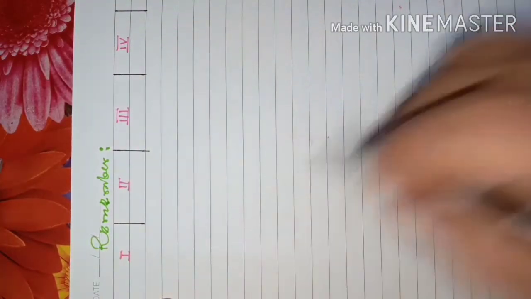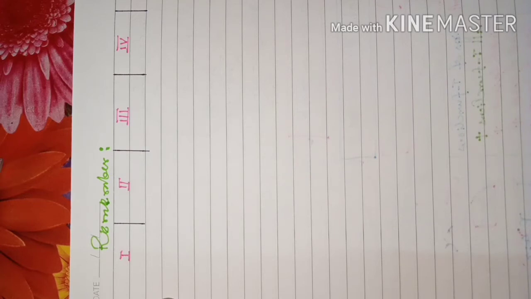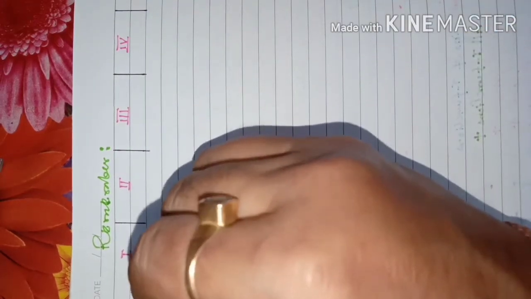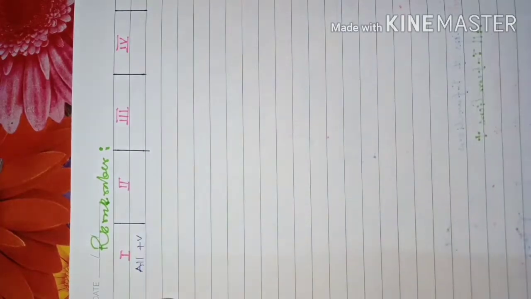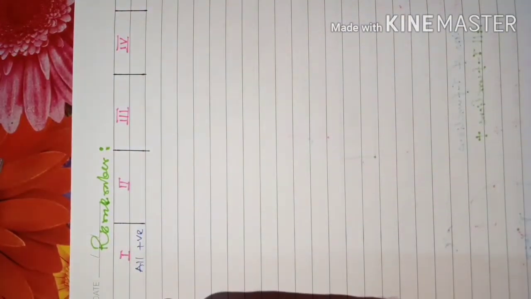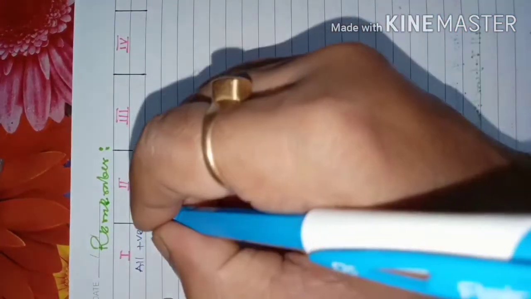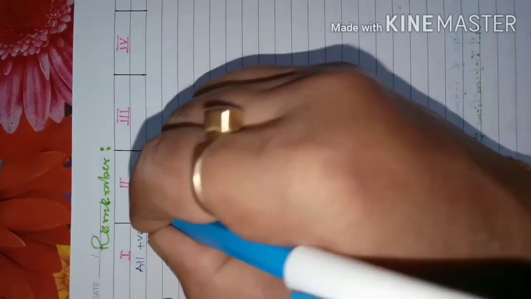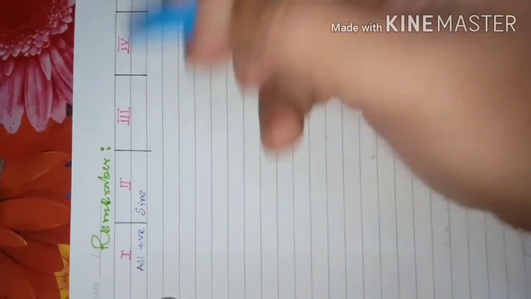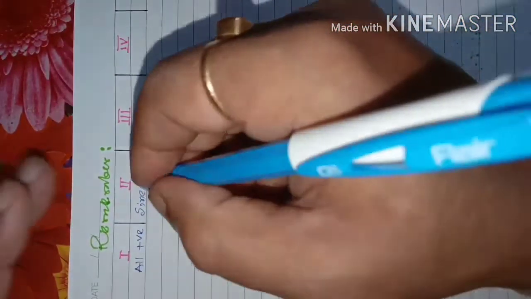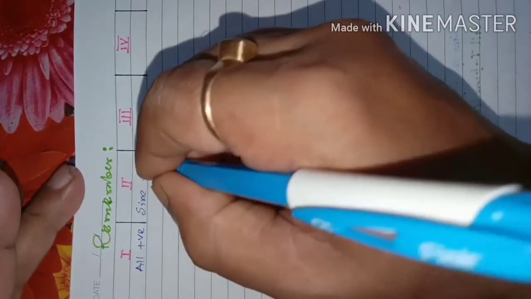Here in the first quadrant, all are positive. And in the second quadrant, sine and cosec. So when we say sine, you should understand cosec is also there.